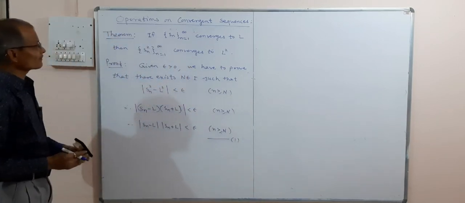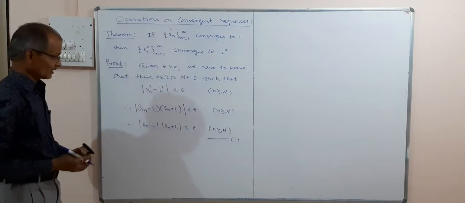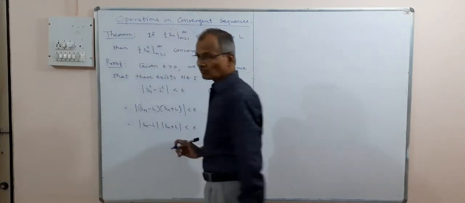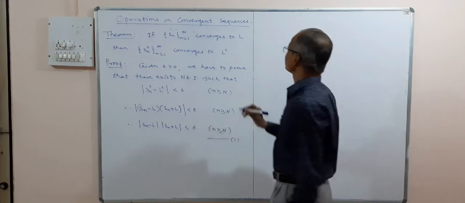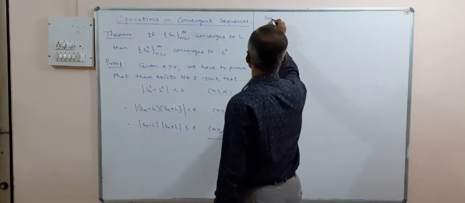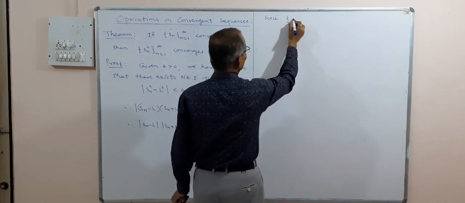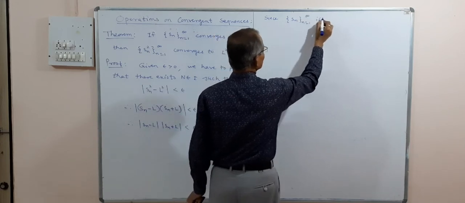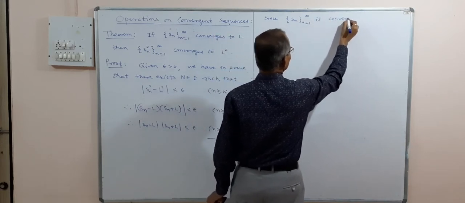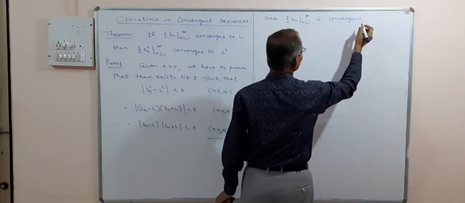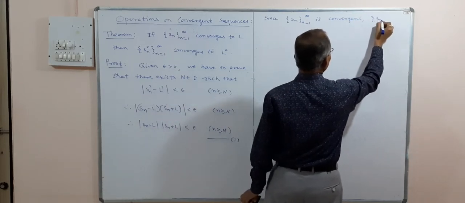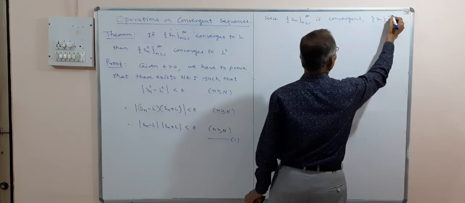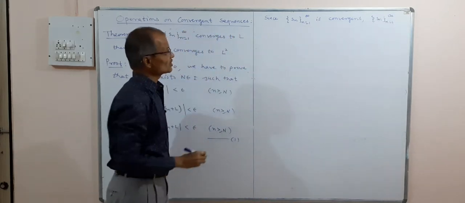Now we consider Sn is convergent, and therefore every convergent sequence is bounded. Since Sn is convergent, it is bounded. So this result we have proved earlier; you refer to that theorem, Sn is bounded.